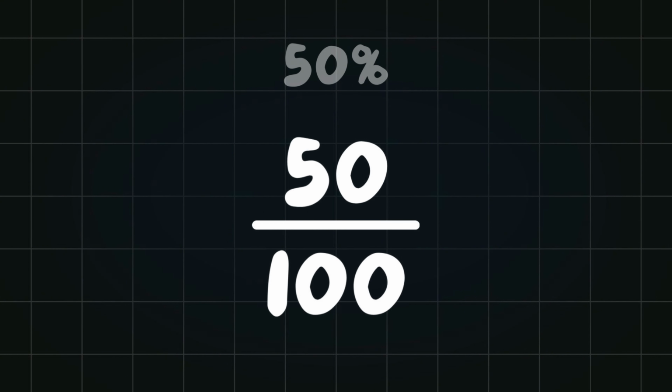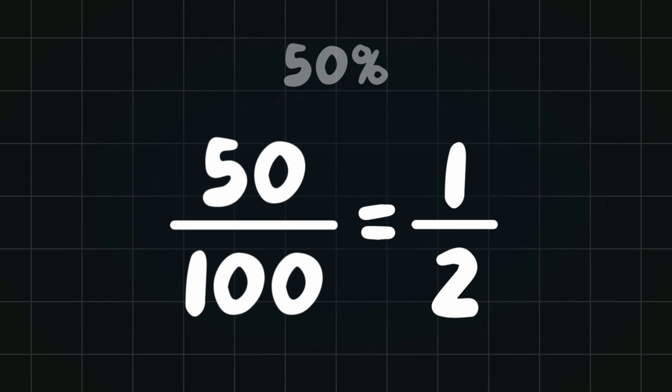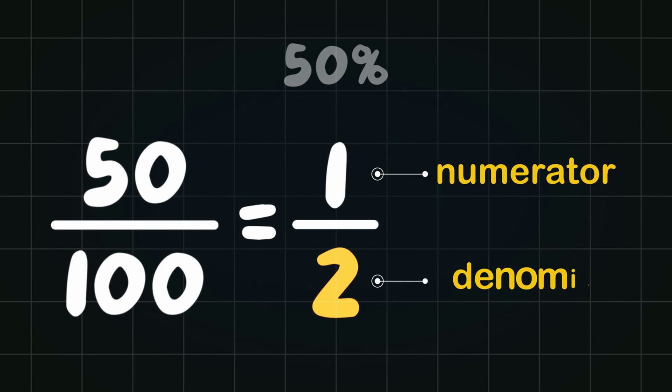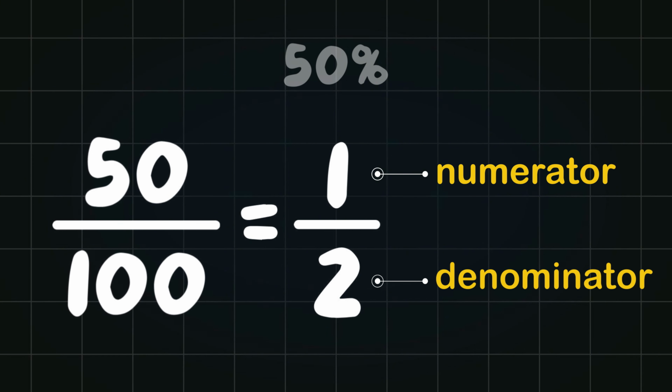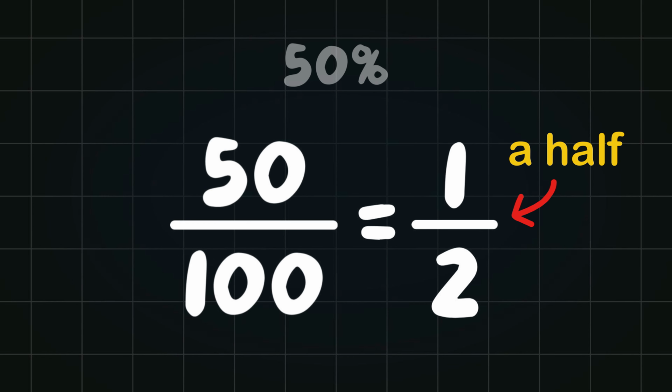And so this, if we simplify it, as we learned in our past two videos, would also convert to 1/2. 1 is the numerator and 2 is the denominator. The more correct term, when you're actually going to say verbally, is a half or 1 divided by 2. Alright, so as you can see, 50% is also equal to a half.